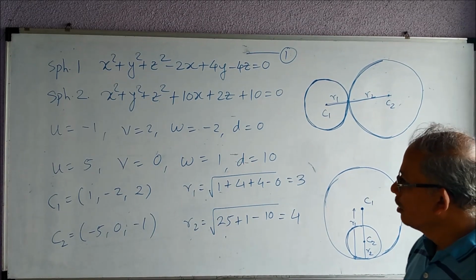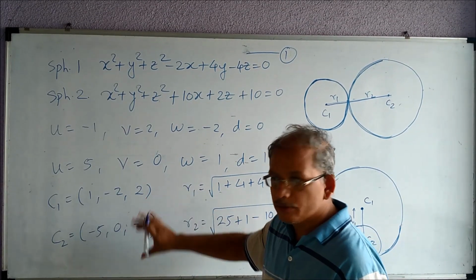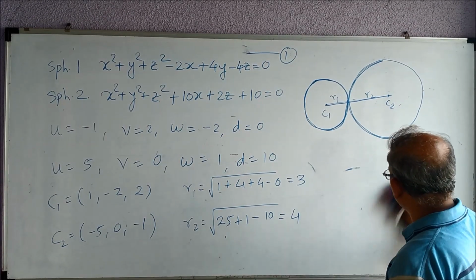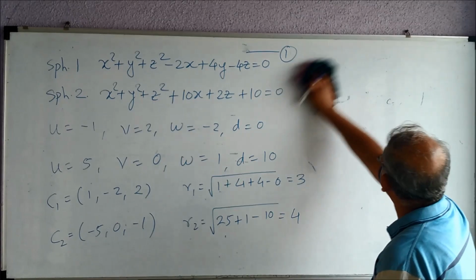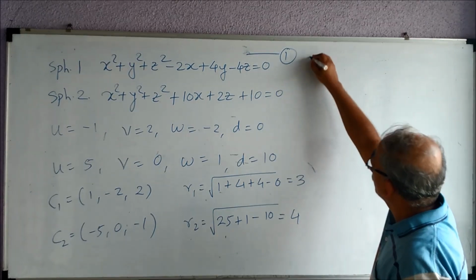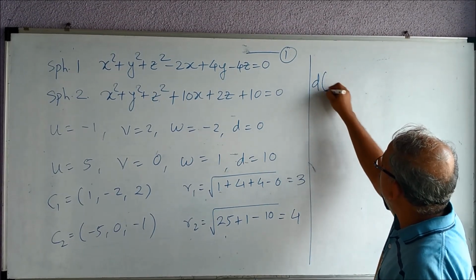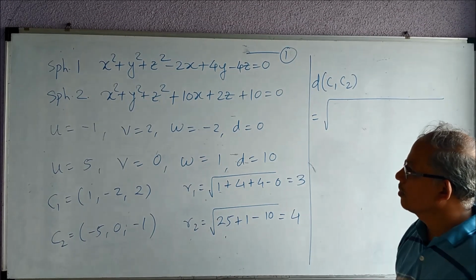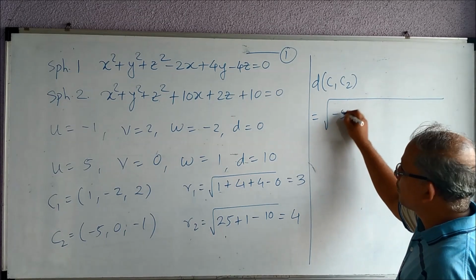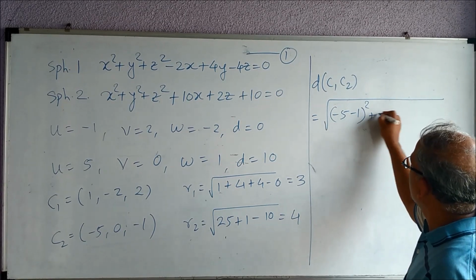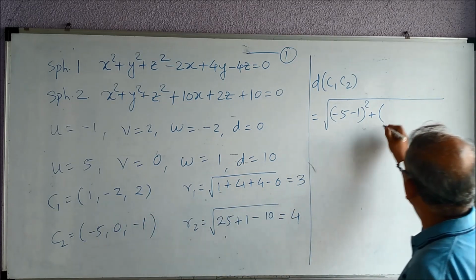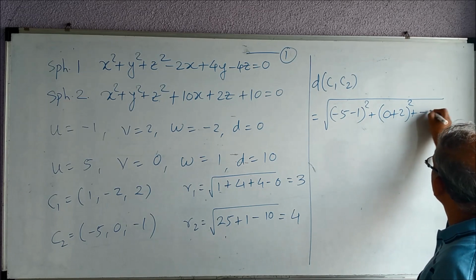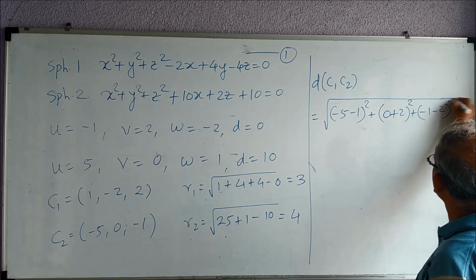Now we will calculate the distance between C1 and C2. Using the distance formula, C1C2 is equal to the square root of (-5 - 1) square plus (0 + 2) square plus (-1 - 2) square.